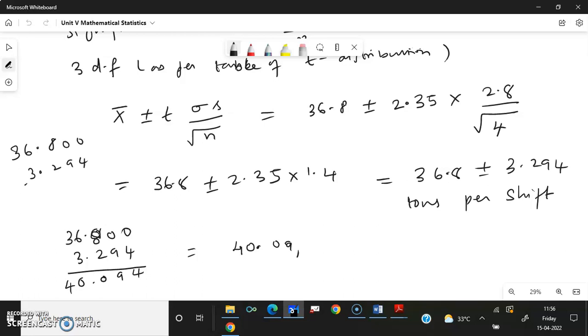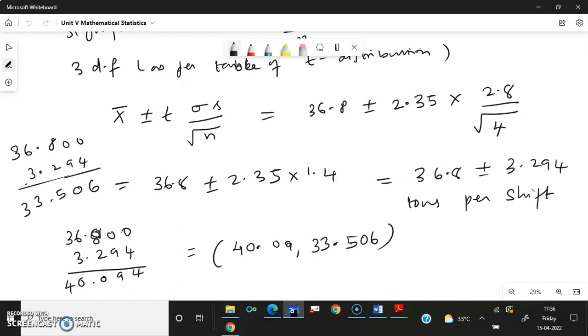If you subtract, what will you get? 9 minus 9, 0. 7 minus 2, 5. 6 minus 3 is 3, so 33.506. This is the interval.